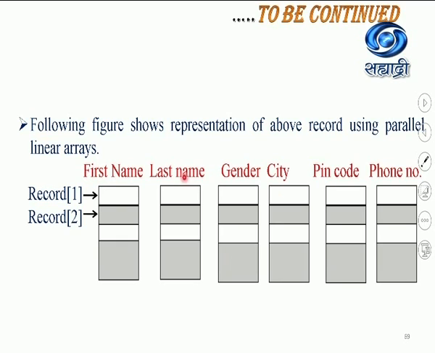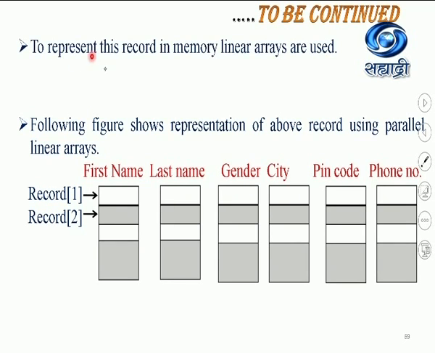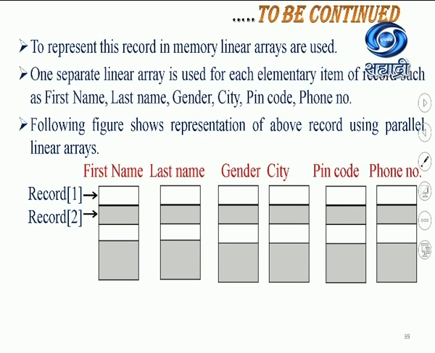The first cell of each array stores record 1, then record 2 stores the record of the second employee. In this way, all the arrays store all the records in parallel. So to represent this record in memory, linear arrays are used. One separate linear array is used for each elementary item of the record, such as first name, last name, gender, city, pin code and phone number.